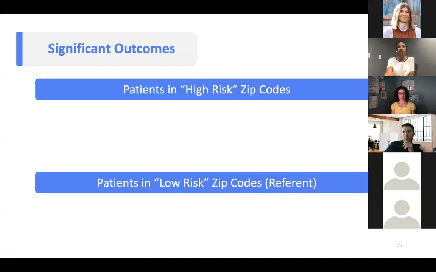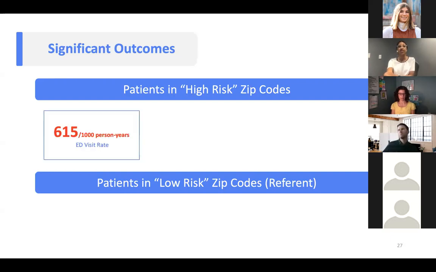So we're just going to break down the utilization statistics from the zip code risk. When we look at patients in high risk zip codes, the ED visit rate was 615 visits per 1,000 person years. Just to clarify, we're using person years for these rates because the Center for Medicare and Medicaid Services, when they do similar calculations and studies on external utilization in long-term care, uses these metrics.